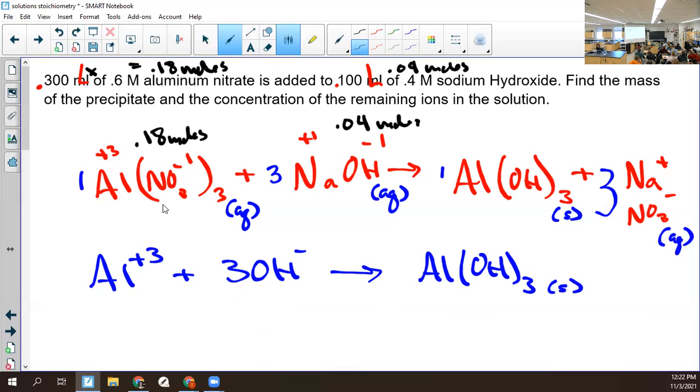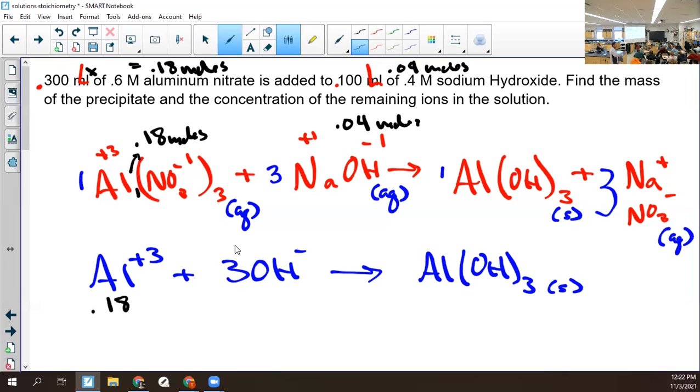Okay, so if I have 0.18 moles of AlNO3, how many moles of Al plus 3 do I have? For aluminum, it's just the same answer because there's only one of them. You okay with that? So I had 0.18 moles.